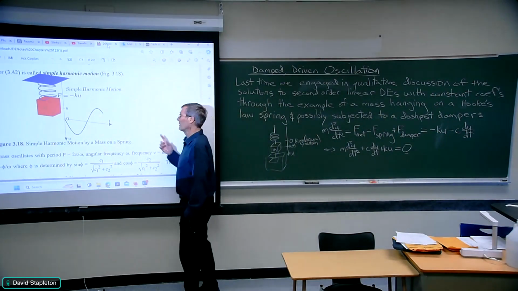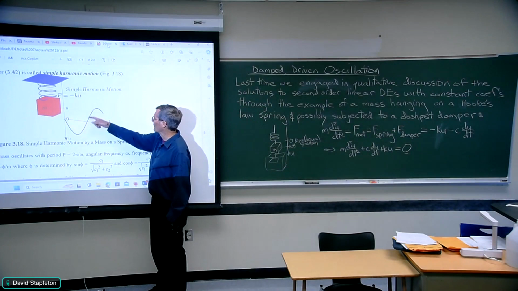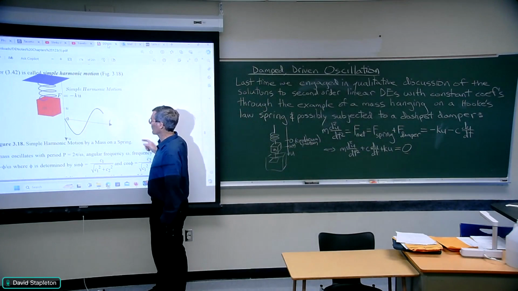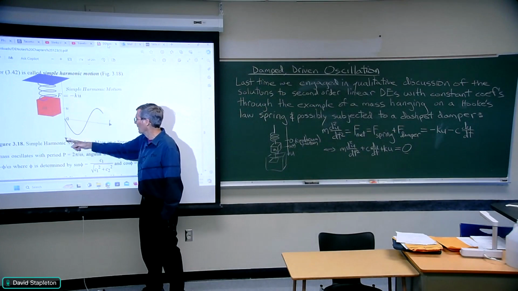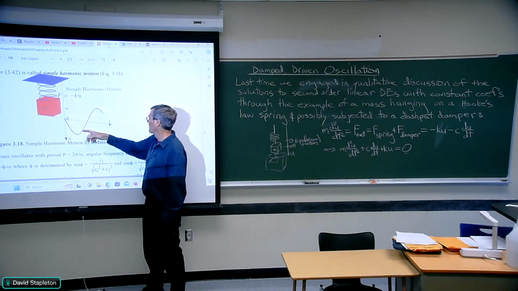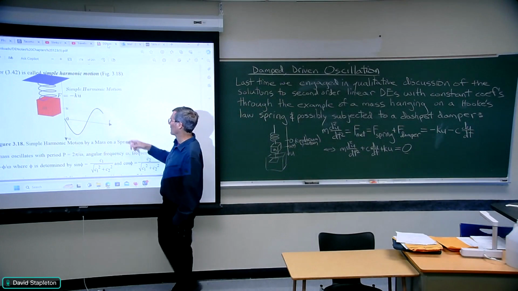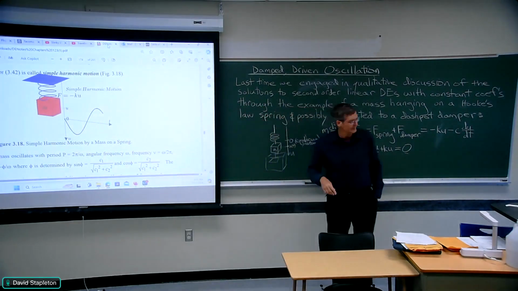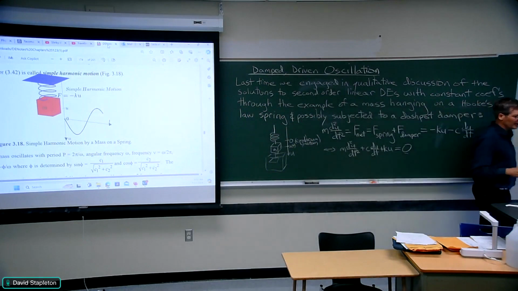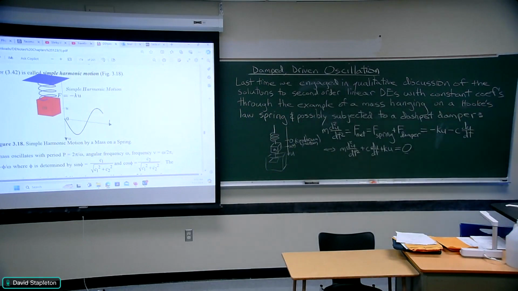And we said that the resulting motion turns out to be a sinusoidal one in time. If this is t and this is the displacement u, with u downward again, then it moves in a sine wave. We call that simple harmonic motion. More generally, harmonic motion being a repeating wave. Usually simple harmonic motion is a sinusoidal wave.